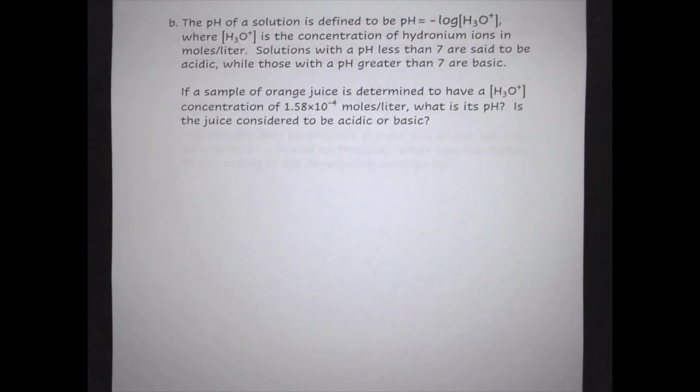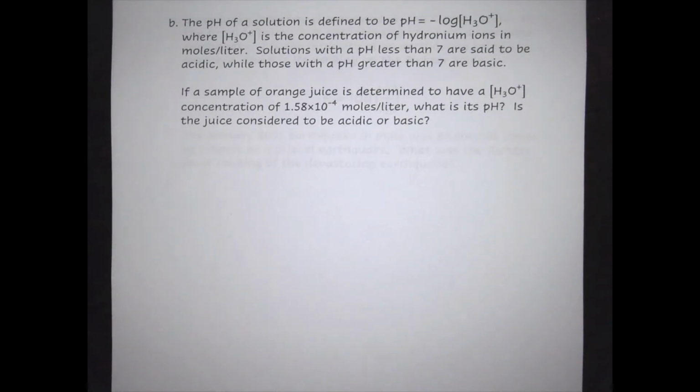Alright, let's look at this next one. The pH of a solution is defined to be pH equals negative log of the H3O concentration, where H3O is the concentration of hydronium ions in moles per liter.